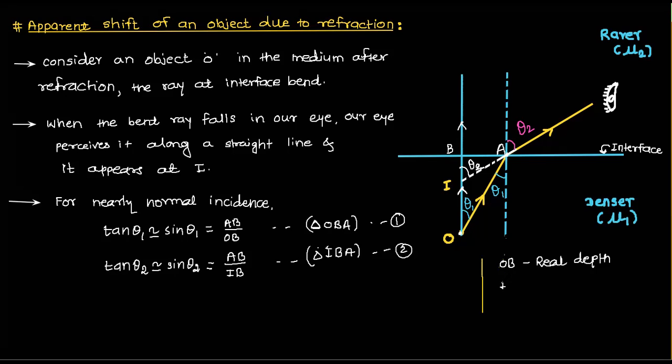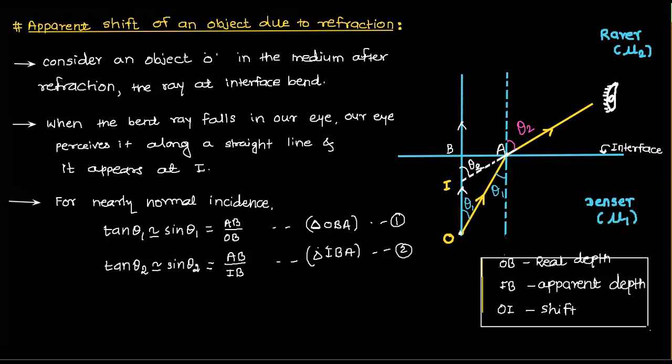And IB is apparent depth. And if I want OI, OI is what? Shift. Yes or not? This is very important, just keep it in mind. OB is real depth, IB is apparent depth, and this OI is shift.